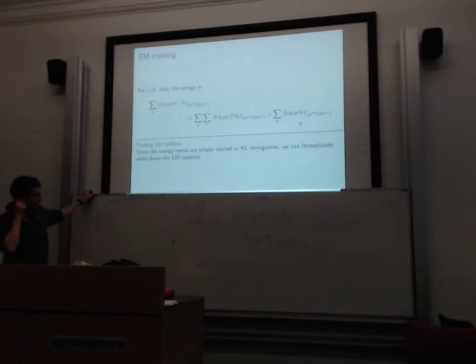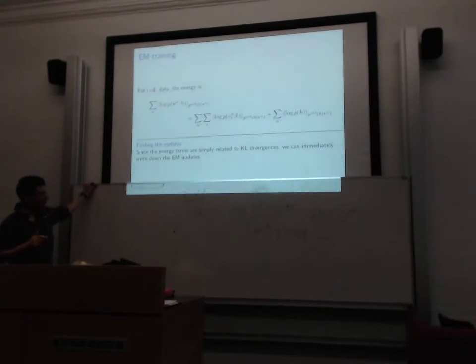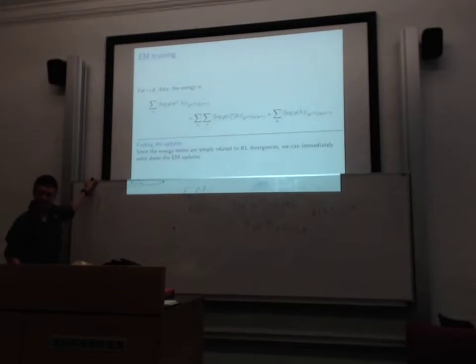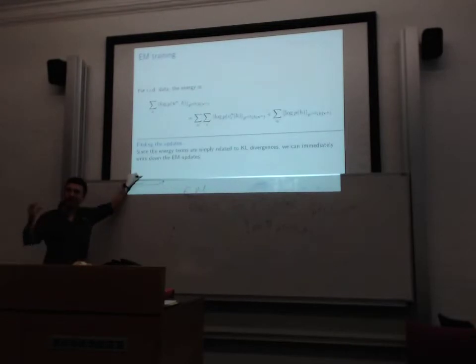So let's imagine that somebody says that we want to maximize this expression with respect to P of H. P of H only appears here. It doesn't occur in this term here. So we can just concentrate on maximizing this part of the energy alone. This is a bit where we're going to do something interactive.